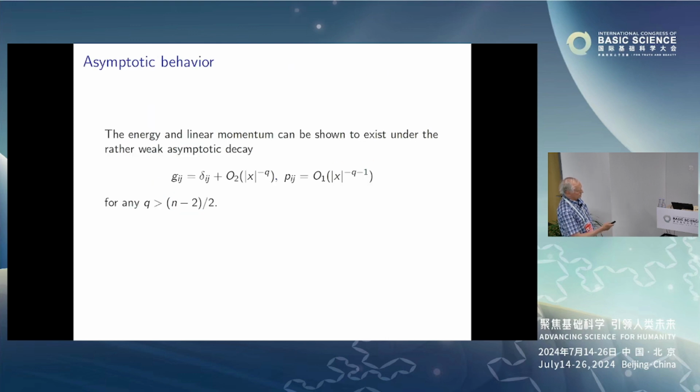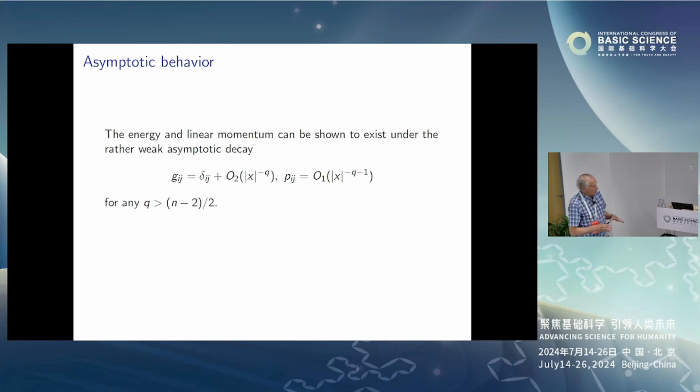Let me say a little more detail about the asymptotic behavior, in order that the conserved quantities, the energy and the linear momentum, become well defined. It turns out the almost optimal behavior is that the metric in suitable coordinates falls off like x to the minus q, where q is bigger than half of the Green's function decay.